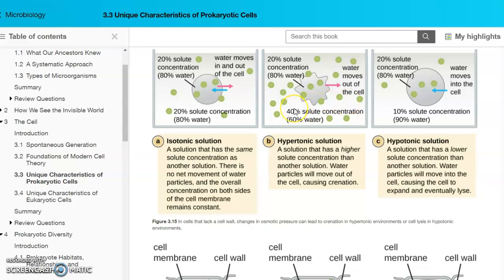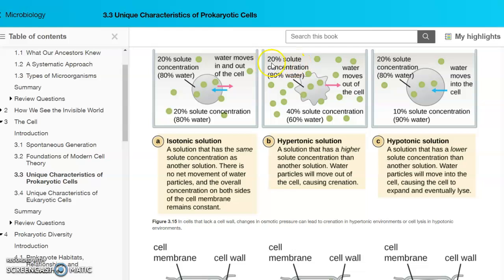But if we deviate from an isotonic solution into a hypertonic or hypotonic one, then we can start to have problems. In a hypertonic solution, the solution has a higher solute concentration.